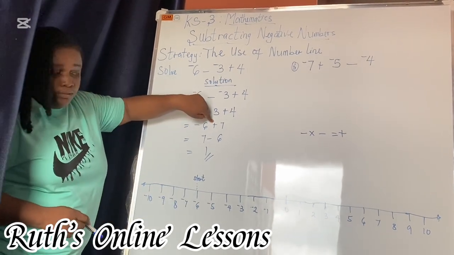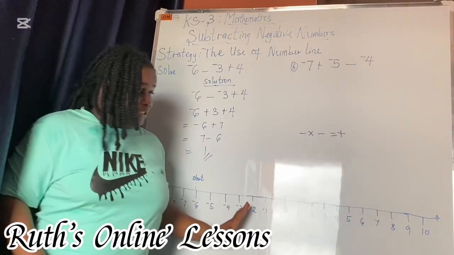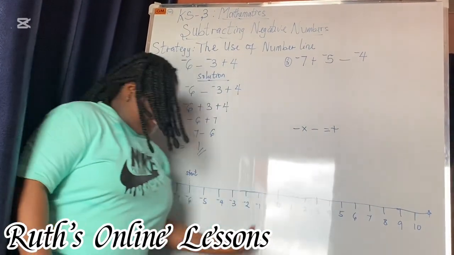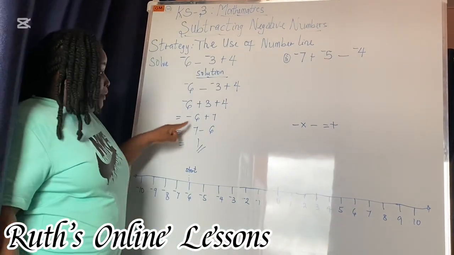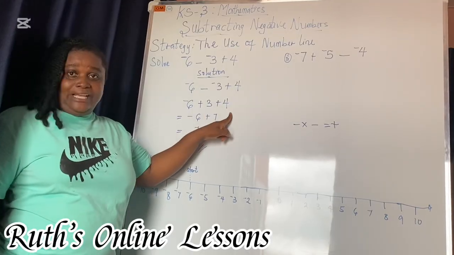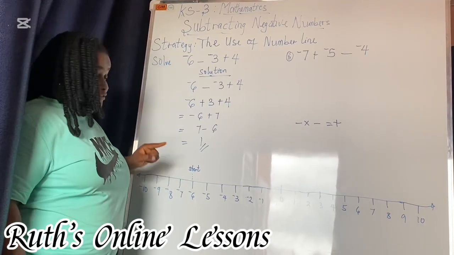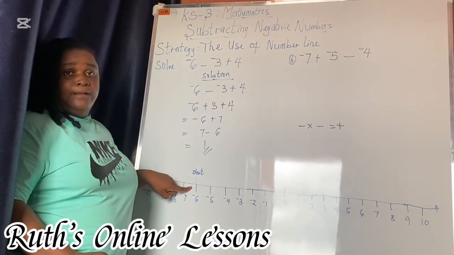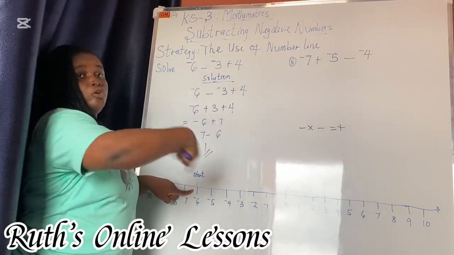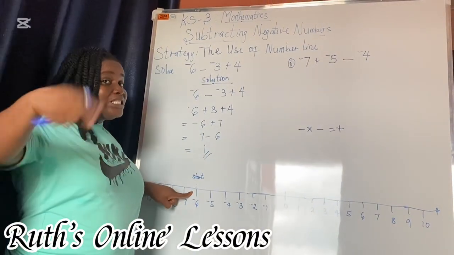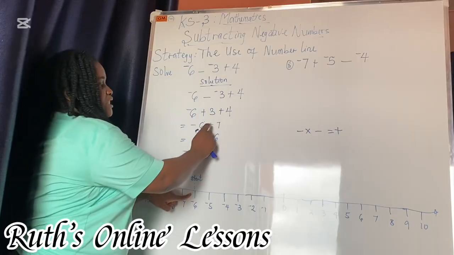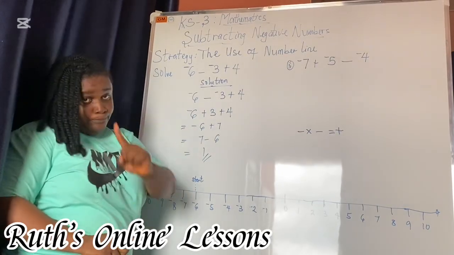Plus 7. Remember, look at where these are the positive integers and these are the negative integers. Because we're doing -6 plus 7, I will start here and move some steps forward. How many steps will I move forward? I will move 7 steps forward because this is a +7.